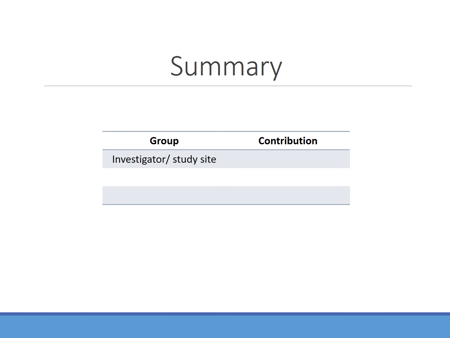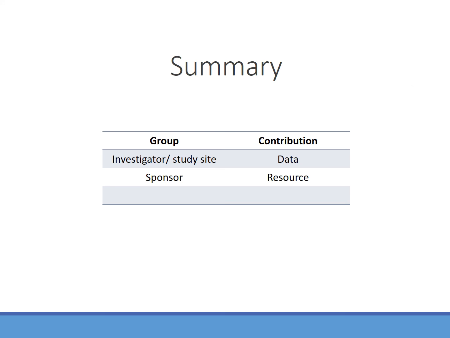the investigator, oftentimes a physician, not exclusively, but oftentimes a physician, and their study site then contribute the data, because the investigator and his study site staff are going to find the patients, and from the patients data will be collected. The sponsor provides resources.